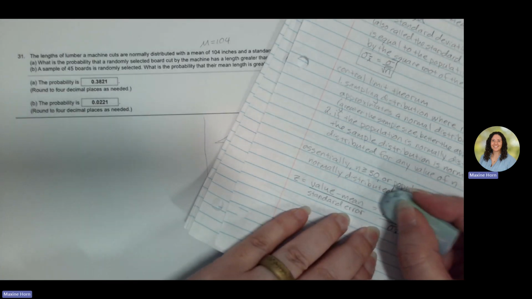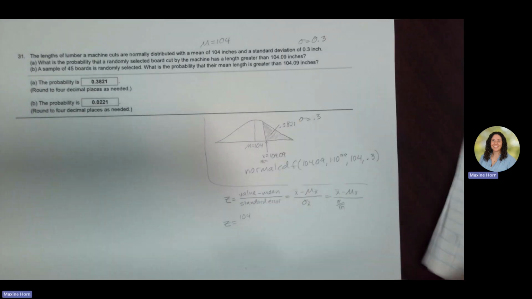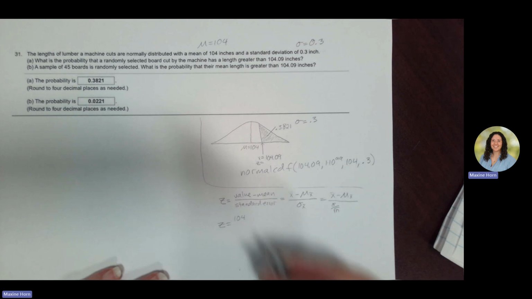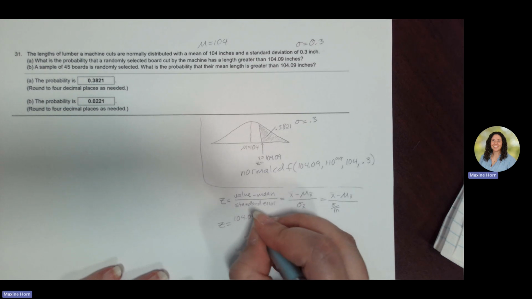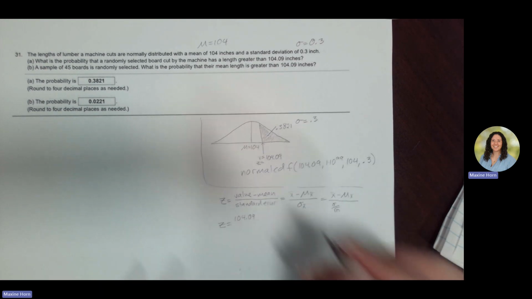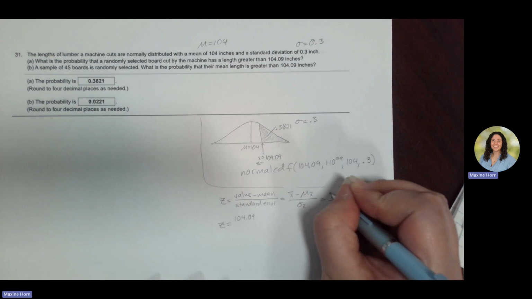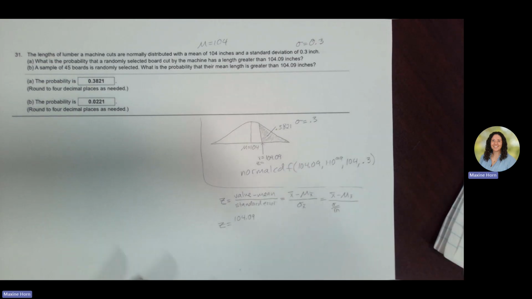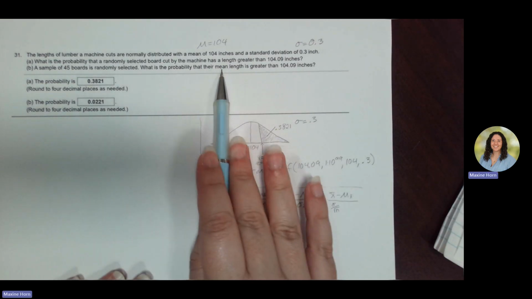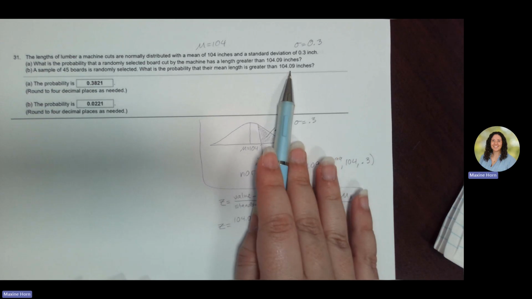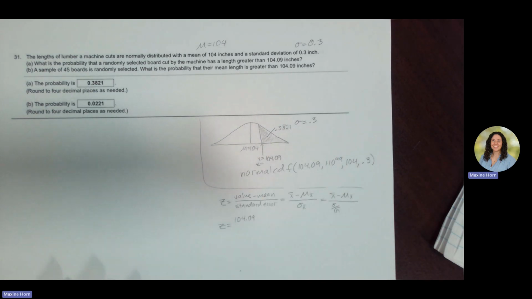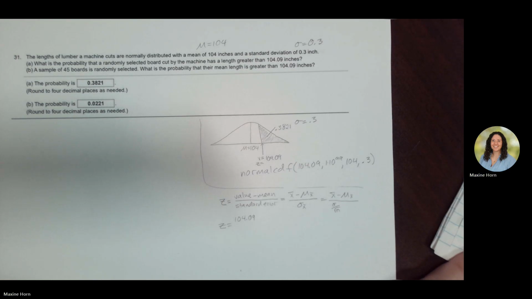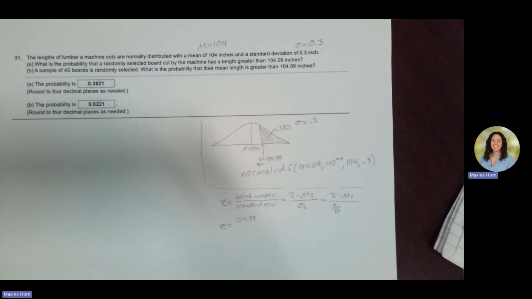I'm going to have to go back and fix that. That's fine. All right, 104.09. Oh no, it is a bar. I'm so sorry, I'm getting ahead of myself. I'm like, oh, it's the value, but it is that their mean length is greater than 104.09, right? We're asking about their mean length. That is a bar. Write that back on there. I'm not crazy. All right, 104.09.